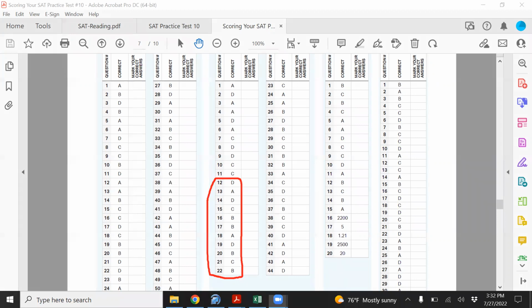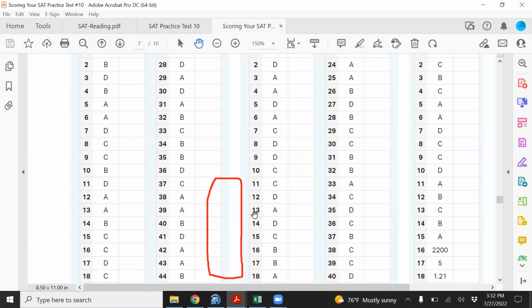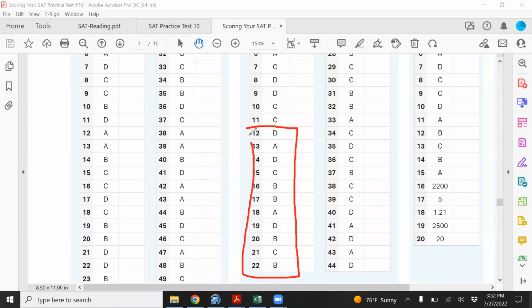It's paused. There we go. Let me zoom in because that's kind of hard to read. You guys do have the answer key also. I gave it to you guys, but yeah, so it's DA, DC, BBA, DB, CB.